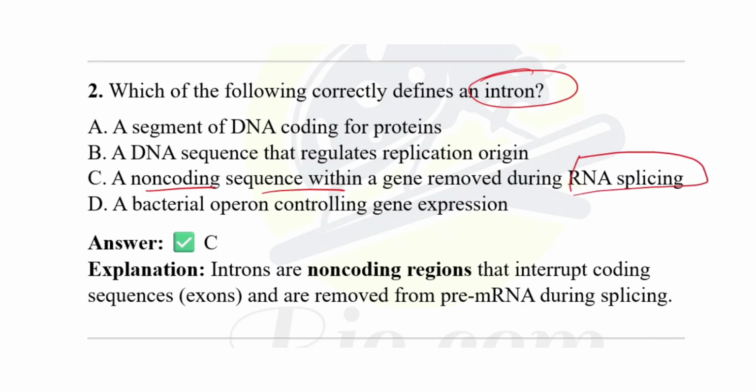We remove the introns so that the non-coding sequences are removed, and this process is known as RNA splicing. Introns are the non-coding regions that interrupt coding regions, introns, exons like this. So this is the right answer.